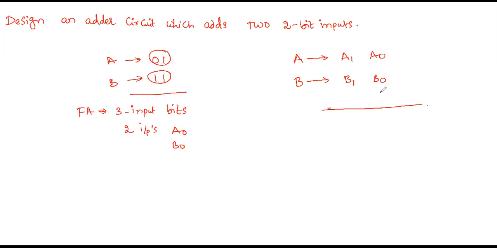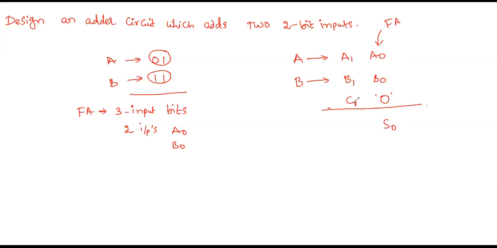The third one we consider as 0. We add these three using one full adder, and it will produce sum S0 and carry C1.